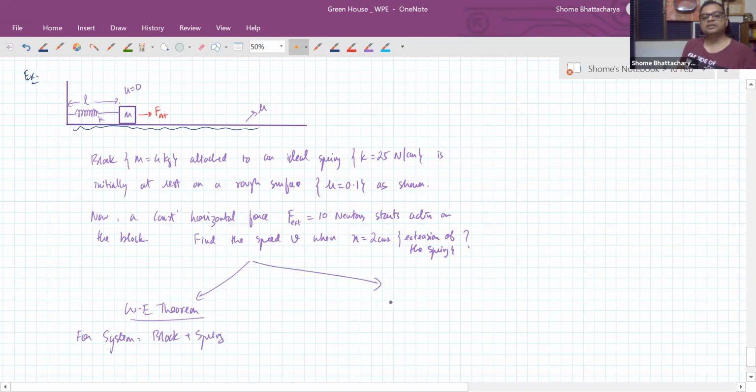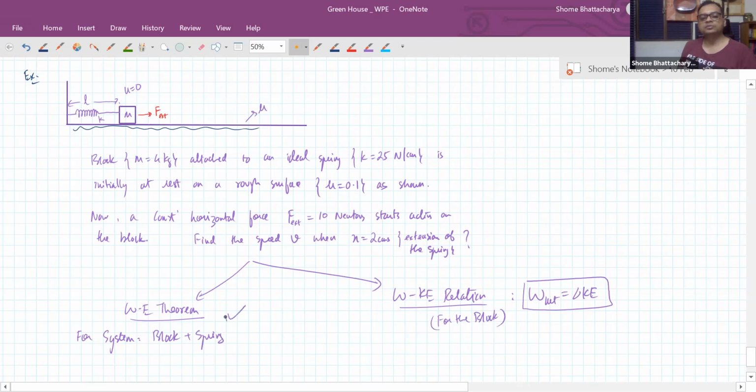And we'll also tackle it by the earlier method that we used in questions like this, which was the work kinetic energy relation, that the net work done by all the forces acting on the block equals its change in kinetic energy. So this theorem is applied to the block. And we'll understand why the first is going to be much more convenient, because we have a formula for the potential energy of the spring, so we have to do less calculation.